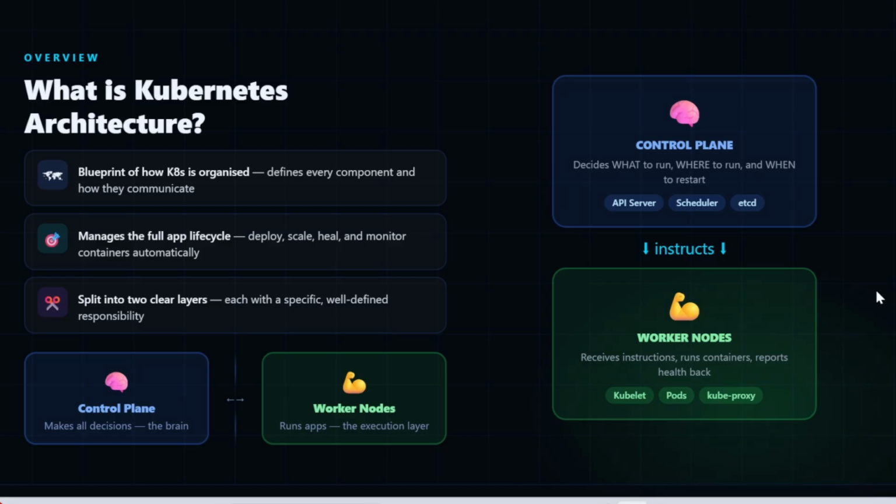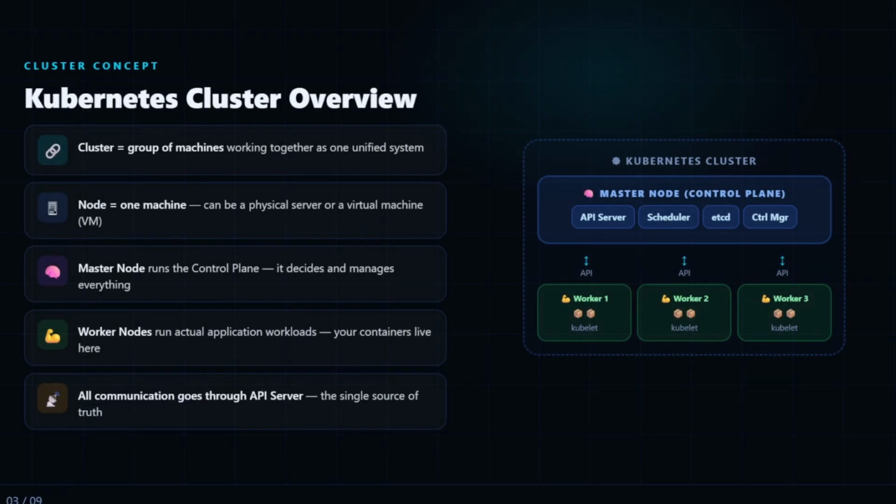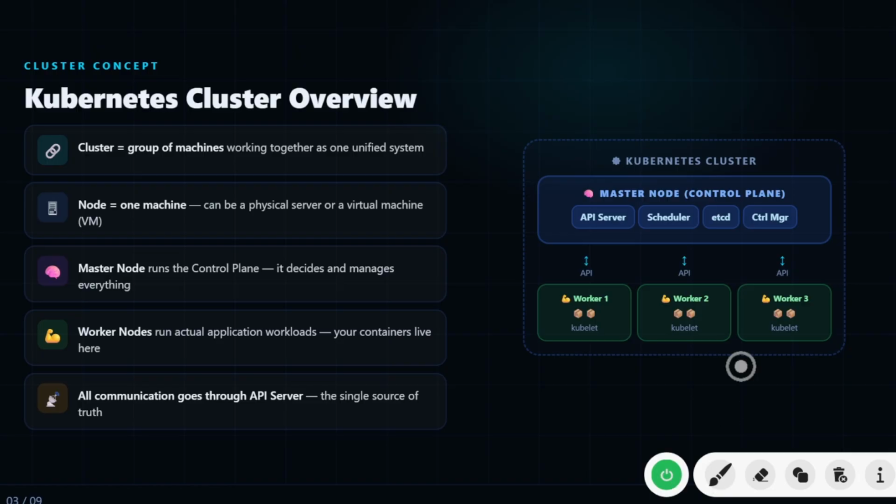Now let us see what exactly a Kubernetes cluster is. Within Kubernetes, I said there is a cluster, right? So this is the part we are talking about. Basically, a cluster is a group of machines that work together as a single unified system. Within that, there is a node. A node is basically one machine, we can say, one physical machine or virtual server. Then there is the master node and the worker node.